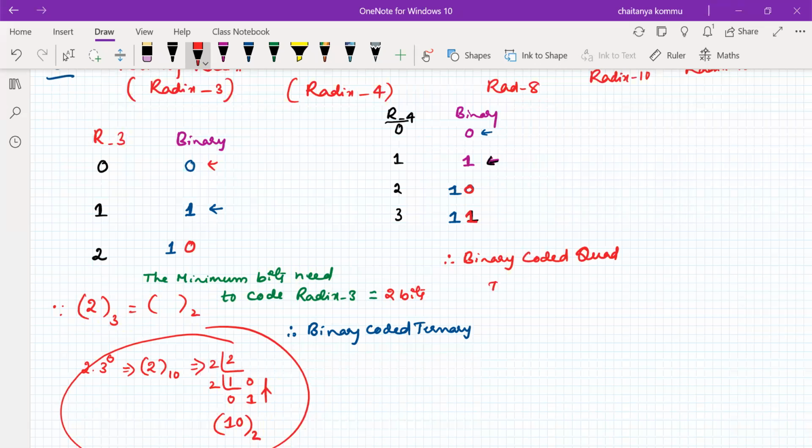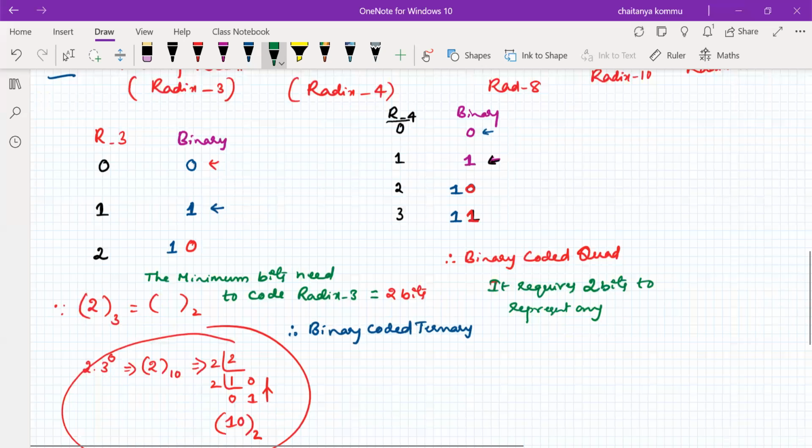It requires 2 bits to represent any digit in radix 4. It requires a minimum of, we need to write minimum, should not forget about it. Minimum. Maximum can be anything.